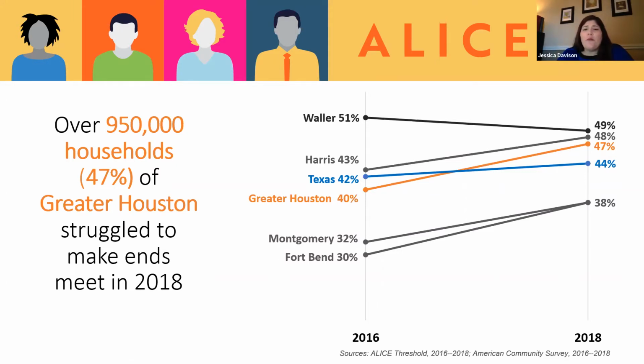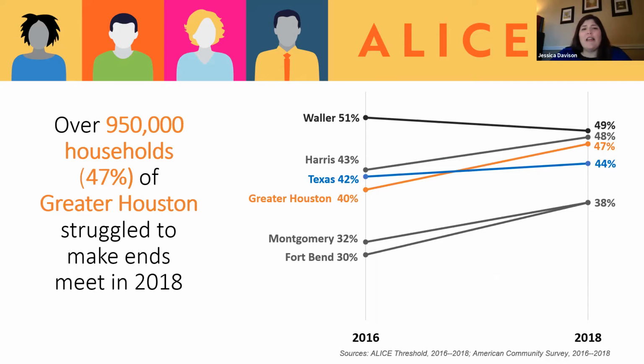It's important to remember that households move above and below the ALICE threshold, also known as the ALICE survival budget, as economic and personal circumstances change, which is especially true with what we're experiencing during times of disasters or with the pandemic. A more recent study and polls are showing that closer to 63% of individuals and families in Houston reported that they're struggling to make ends meet due to the pandemic.